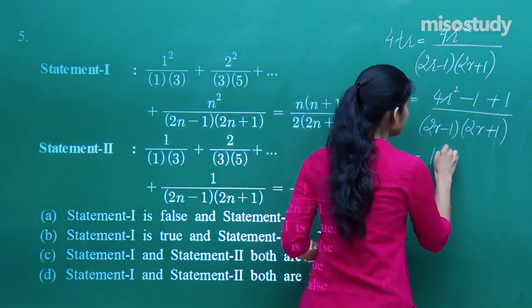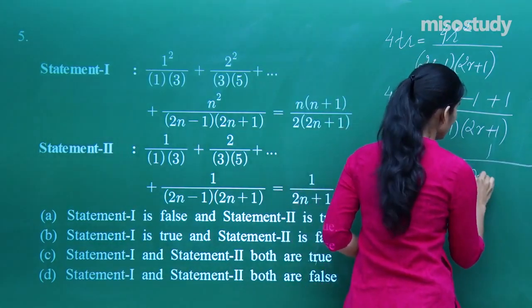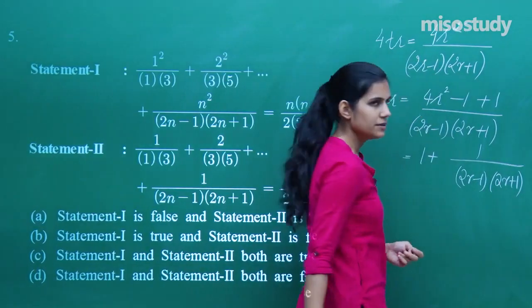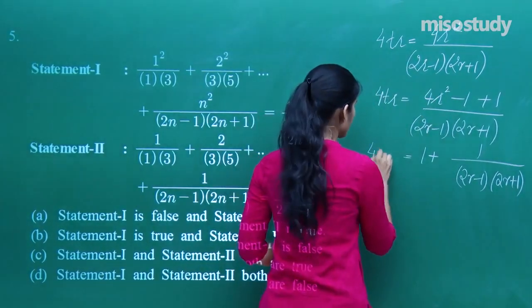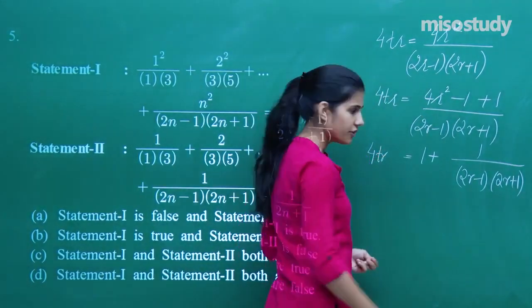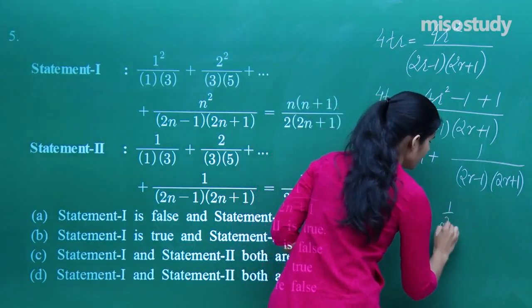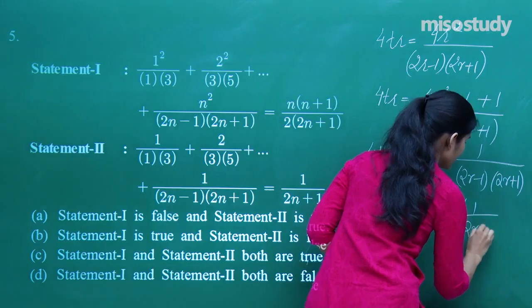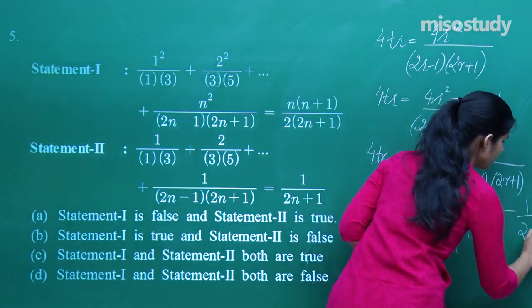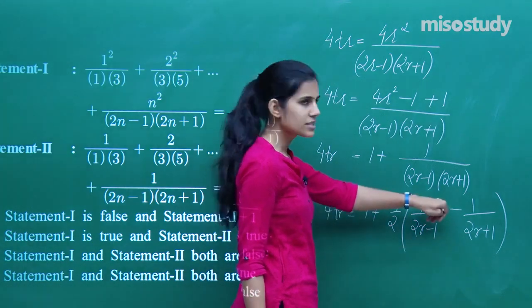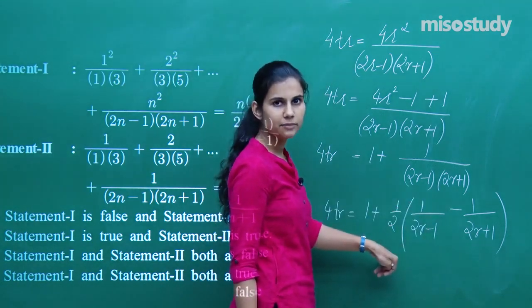Because now I can write this as 1 plus 1 upon (2r minus 1)(2r plus 1), and this is nothing but 4 times Tr, right? So 4 times Tr is equal to 1 plus 1 by 2 times (1 by 2r minus 1 minus 1 by 2r plus 1). It's very simple. 2 was coming out extra, so I have multiplied and divided by 2.